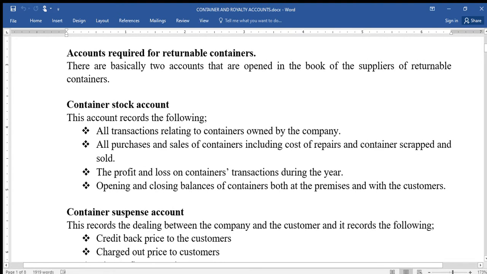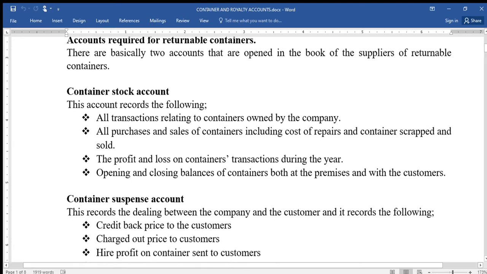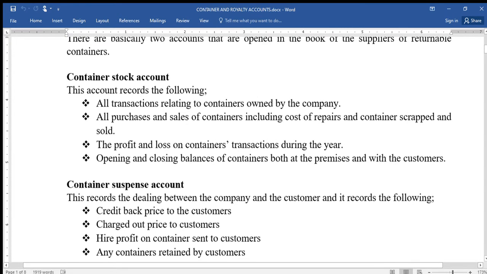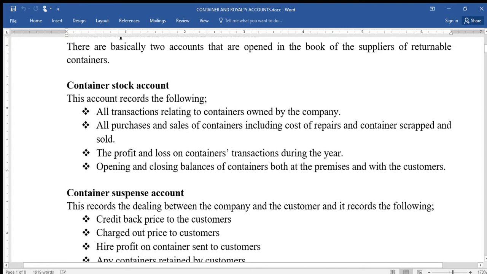There are basically two accounts that are opened in the books of the supplier for returnable containers. First we have the container stock account. This account records the following. It records all the transactions relating to the containers owned by the company.